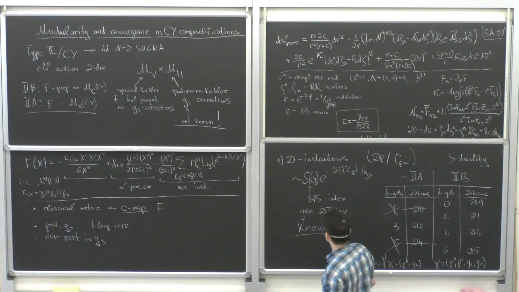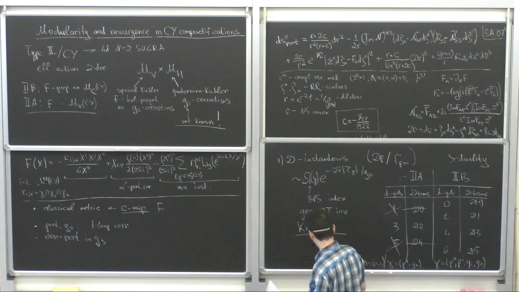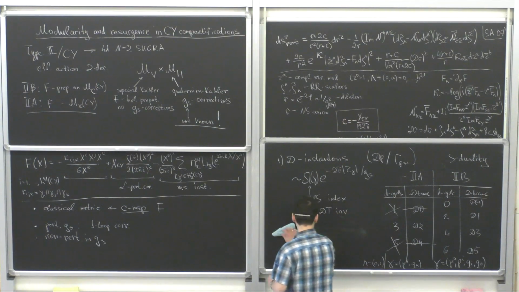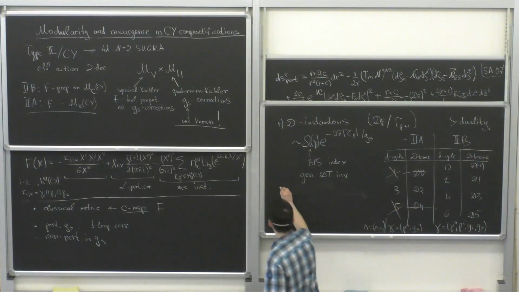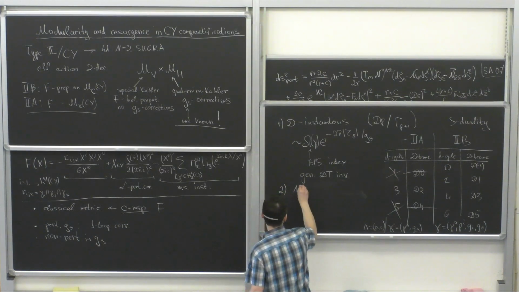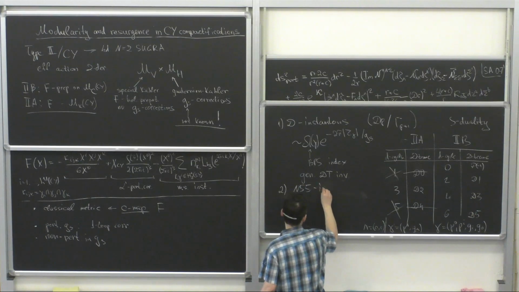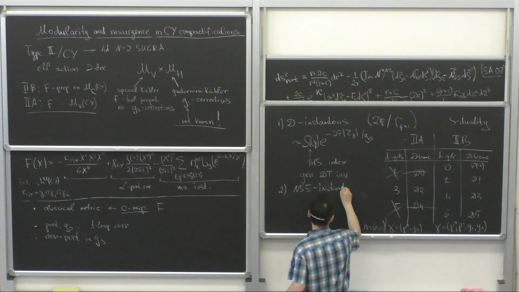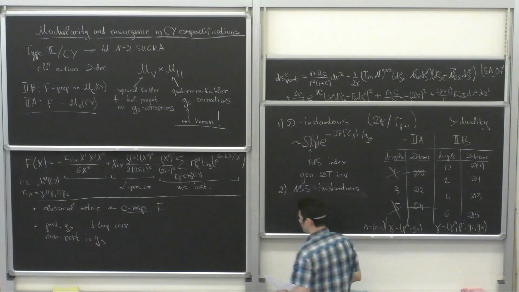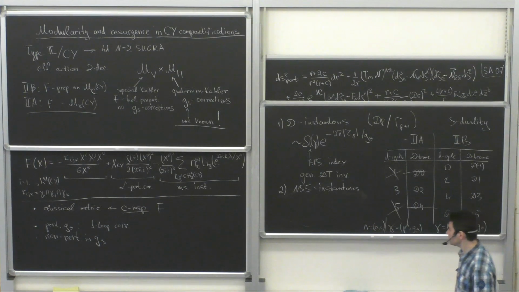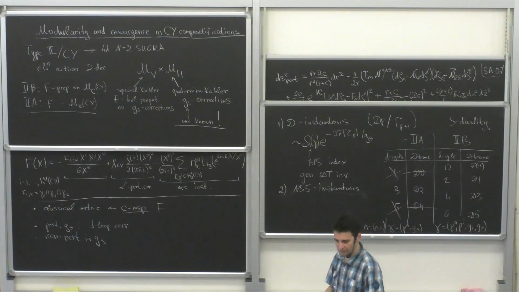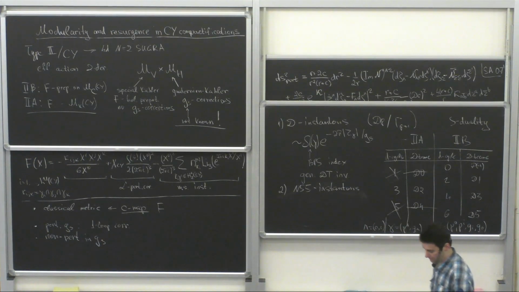Okay, so this is the first type of instantons, and this is not the end of the story, because there is the second type of instantons, namely NS5 instantons, which come from the NS5 brane, which has a 6-dimensional world volume, and you can wrap it on the whole Calabi-Yau.